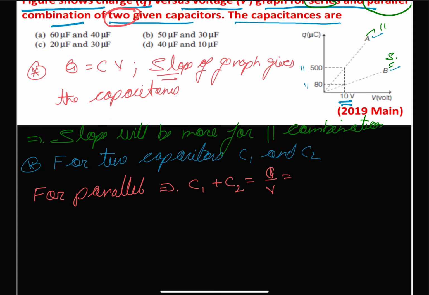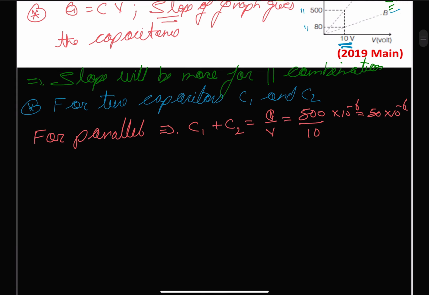Charge for parallel is 500 microcoulomb and voltage 10 volt, so 500 times 10 to the power minus 6 over 10 comes as 50 into 10 to the power minus 6. So from the parallel we get C1 plus C2 is equal to 50 into 10 to the power minus 6.